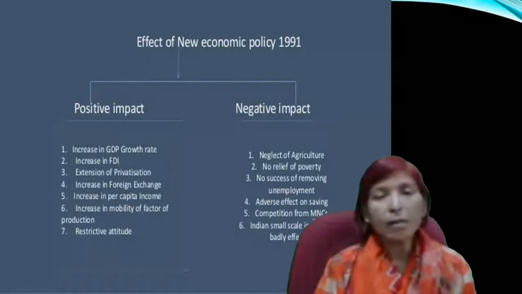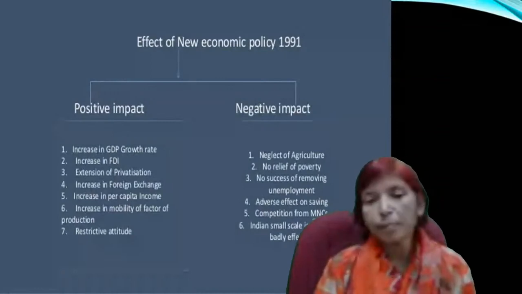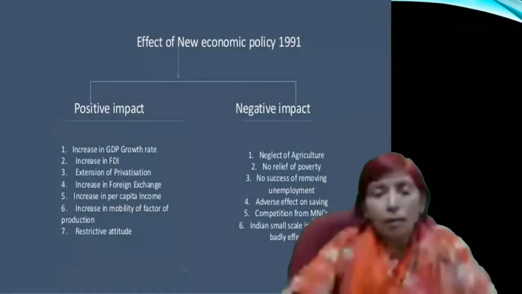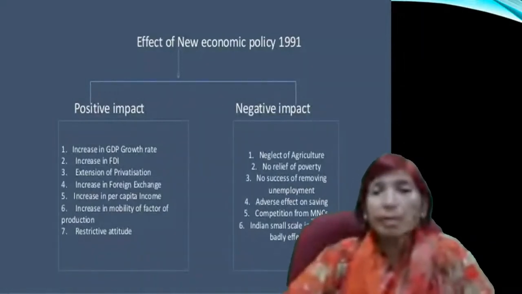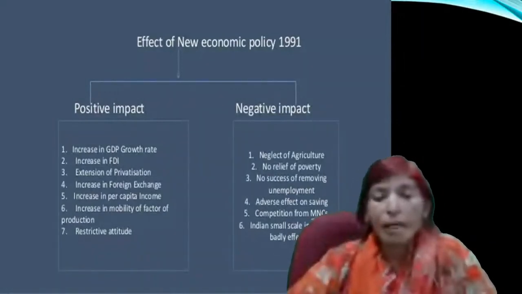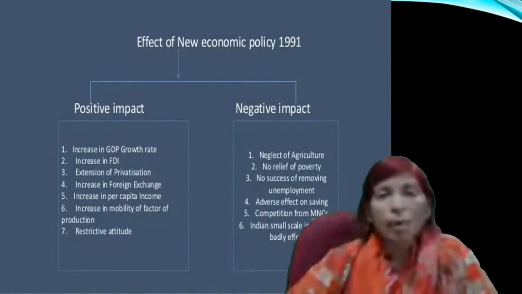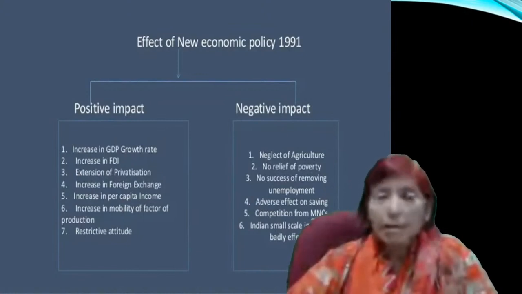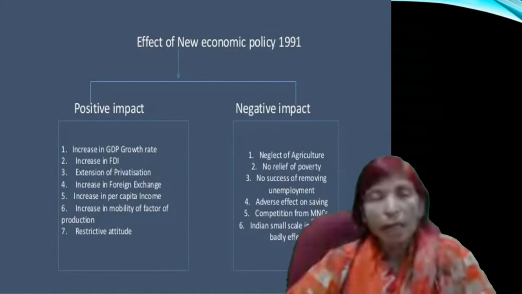There was no focus given on the agriculture sector, and there was an adverse impact on savings and competition from multinational corporations. Domestic industries were not given preference to compete with multinational corporations, and Indian small scale industries were badly affected by this policy, because large, big multinational corporations entered the Indian economy and large scale industries were promoted in private sectors.